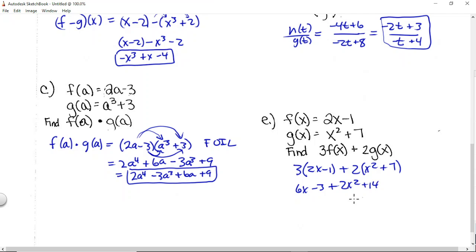And now we combine like terms, write it in standard form. So first is the 2x squared, and then next comes the 6x, and then we're going to have to combine like terms. Negative 3 plus 14, that's negative 11. So we have it.